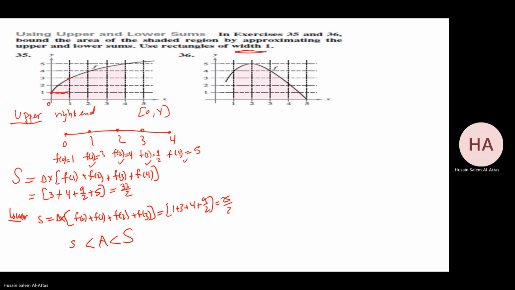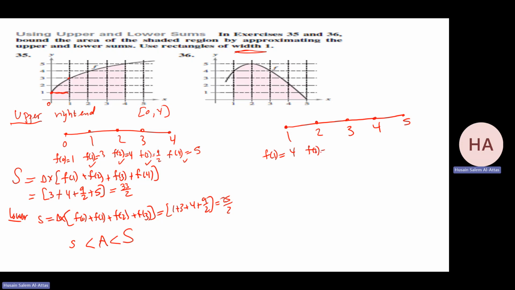This one, be careful. I use the same thing now. This is 1, 2, 3, 4, and this is 5. I have f at 1 is 4.